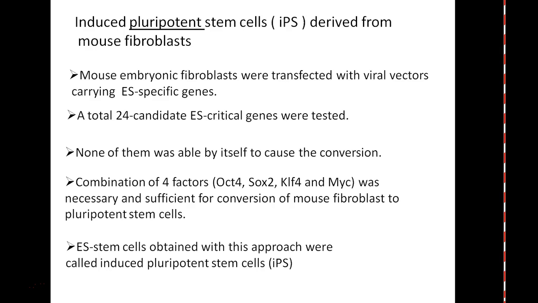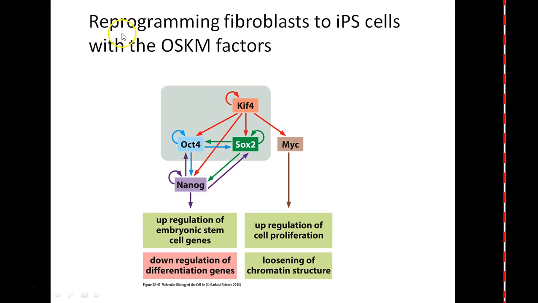So they behave pretty much like embryonic stem cells. So here we have those factors, OCT4, SOX2, KLF4, and MYC. Those are transcription factors, and like I said, we often refer to them as OSKM factors.